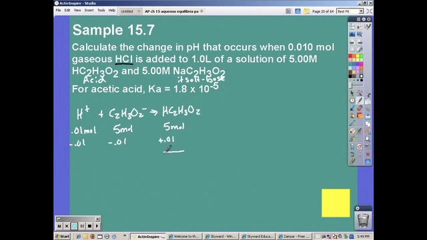React to completion. And that should be 4.99 and 5.01 moles.